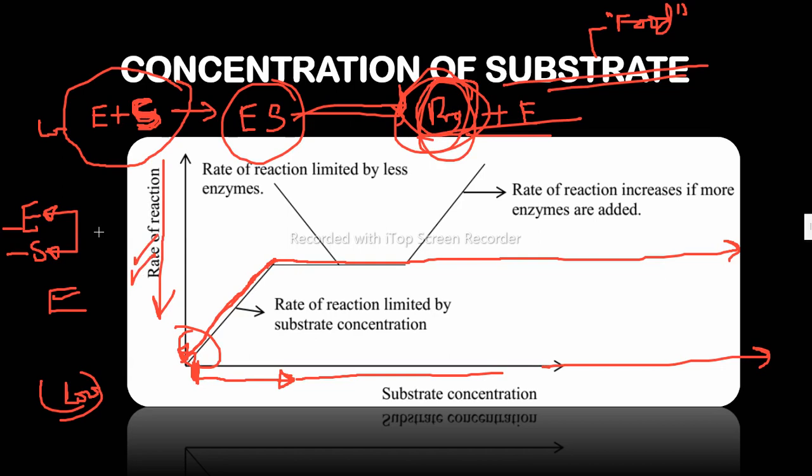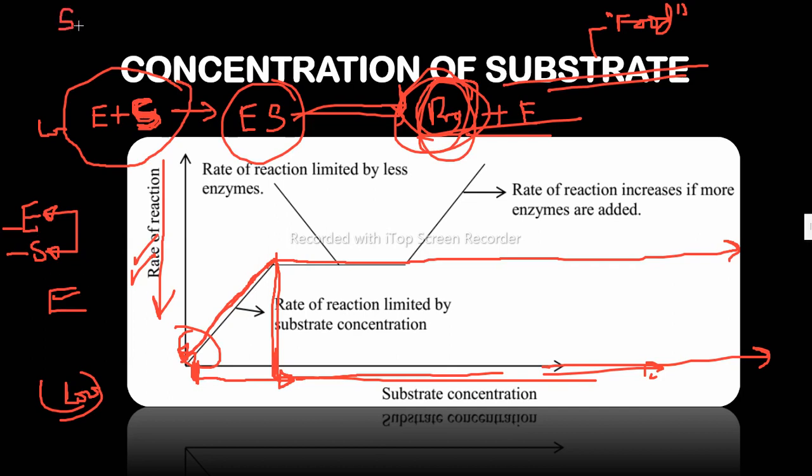But it won't increase forever. No. You reach a certain concentration where further increase in the substrate molecules does not increase the rate of reaction. Why? Because beyond that substrate concentration, at any time t, all our enzymes will be saturated.